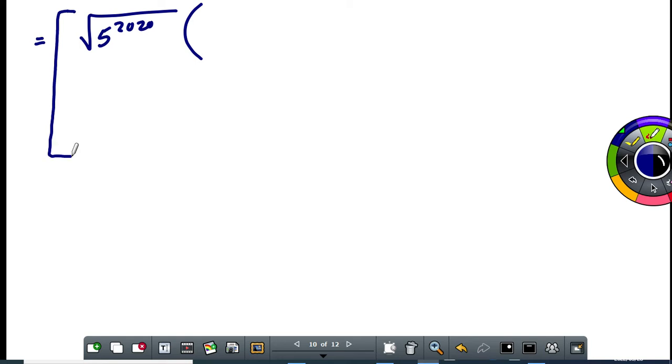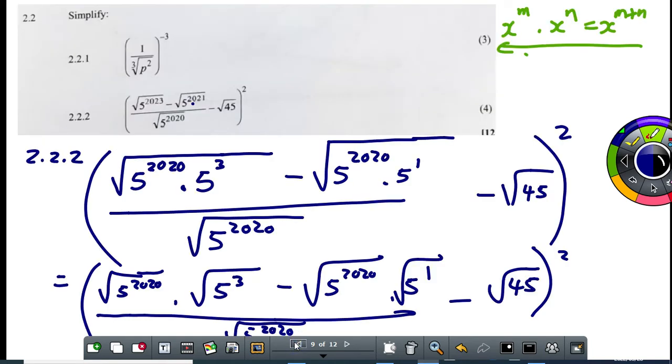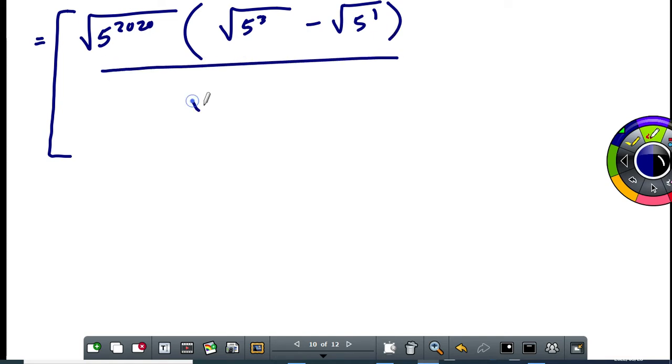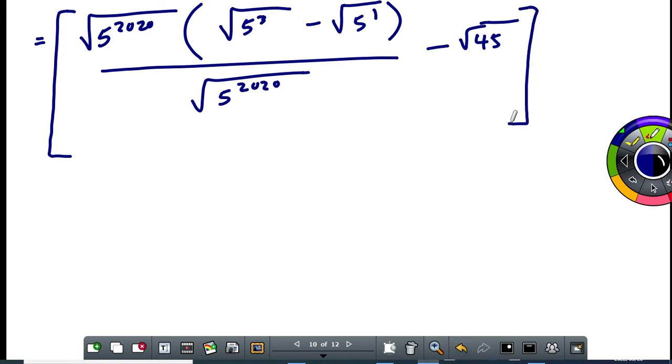Okay? So, we have the square root of 5 cubed minus the square root of 5 to the power of 1. Now close my bracket. This is all over the square root of 5 to the power of 2020. This is minus square root of 45, squared. So let me put the square bracket like that.